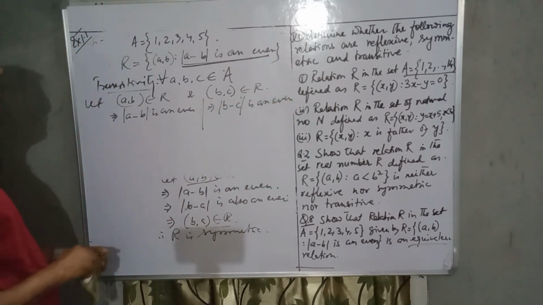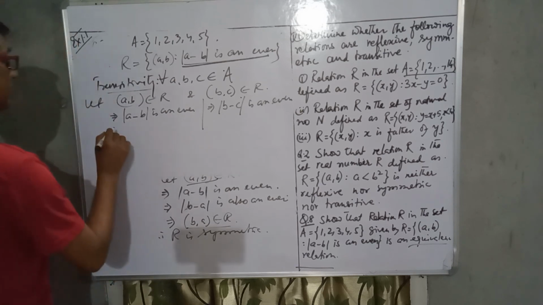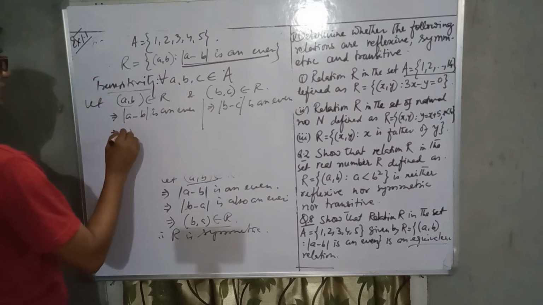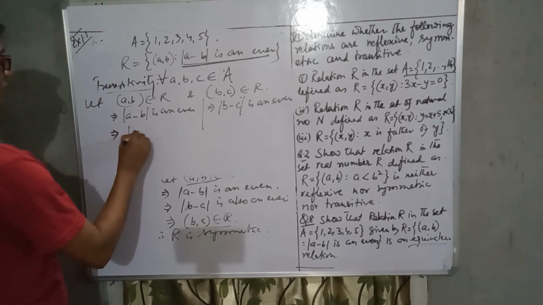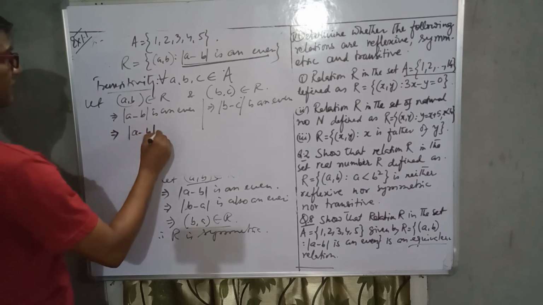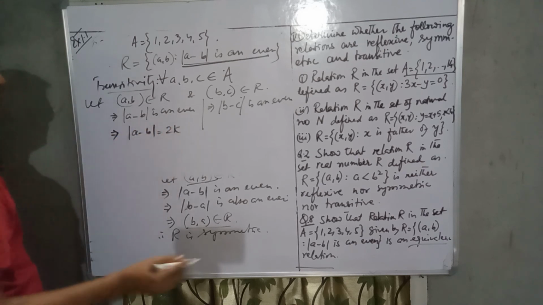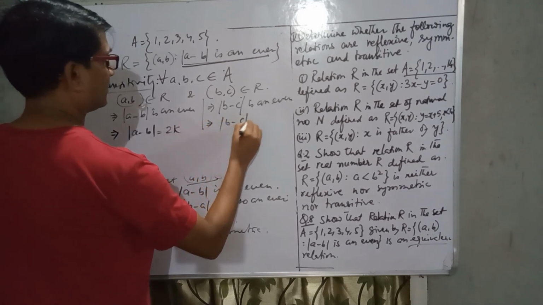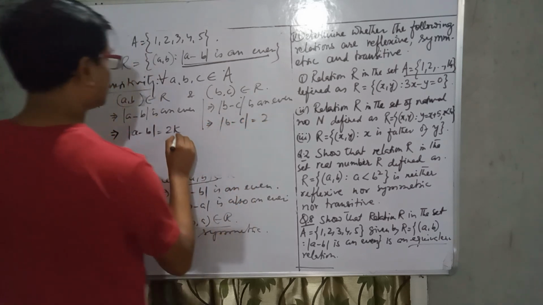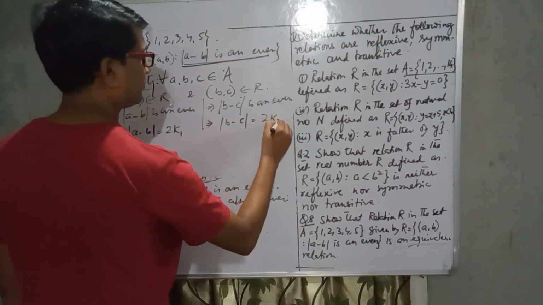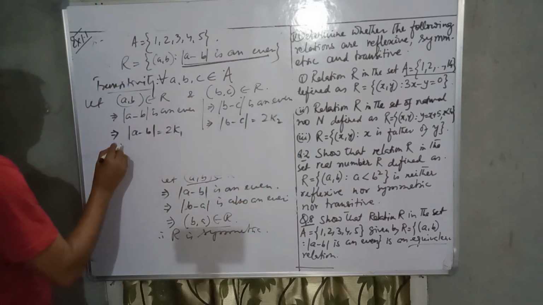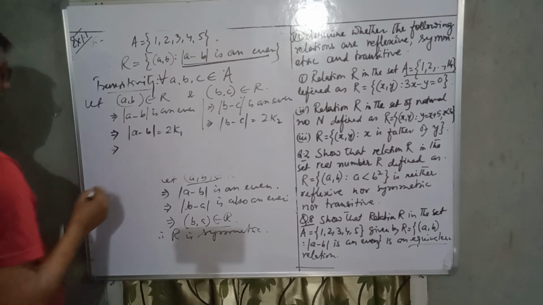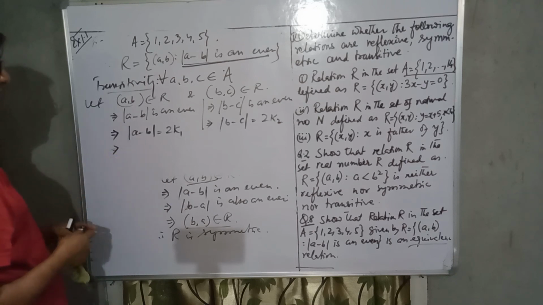If it is even, then a minus b is a multiple of 2. So modulus of a minus b is equal to 2k1, and modulus of b minus c is equal to 2k2, where k1 and k2 are some integers.